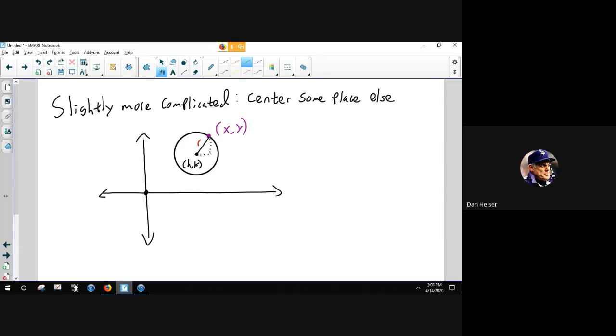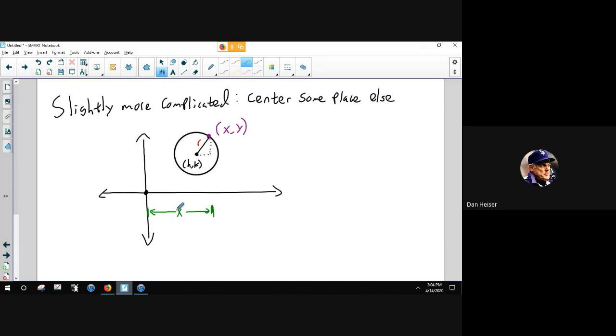A couple of things to notice. First of all, the distance x. X is going to be the distance between this point and the y-axis. Or you could say the origin to a spot directly below the point.